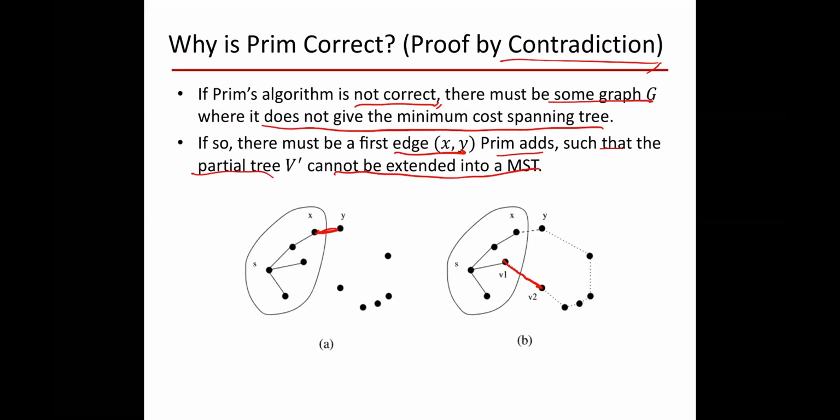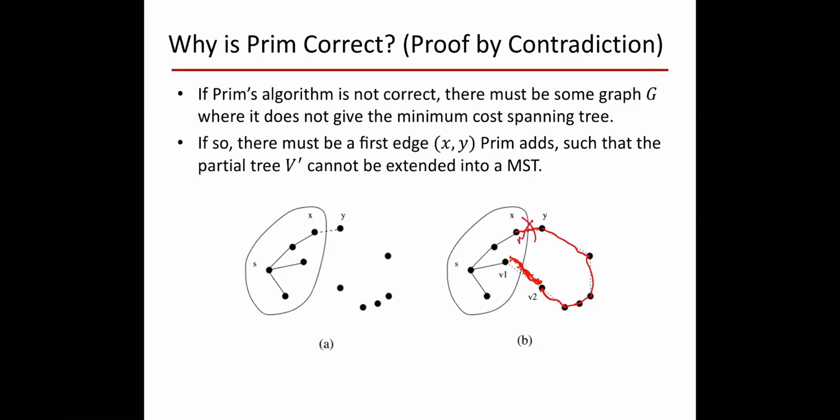What does this mean? Let's say your tree was built in this way. And let's say you want to add this. By adding this, you have to disconnect something, right? Because by adding this, you are creating a cycle. If it was the minimum spanning tree, this shouldn't be added under the contention of this edge extension, right?